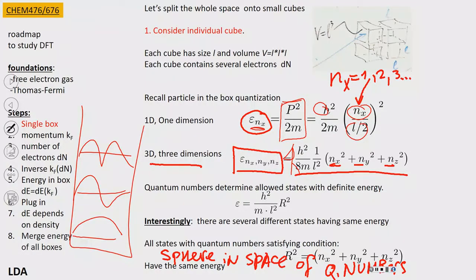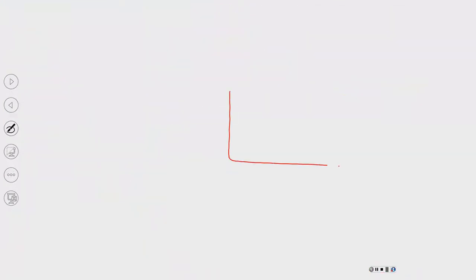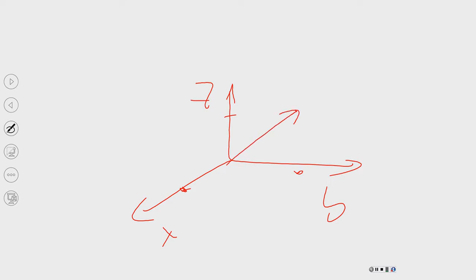Yes, Pythagorean theorem in 3 dimensions. Very good. So if there are x, y, z, and you have so much in each direction, it will be a vector, right? x squared plus y squared plus z squared will be the length of the vector coming to this point.